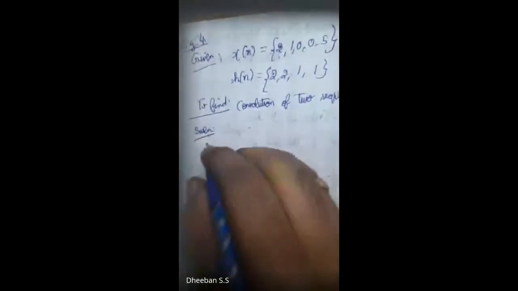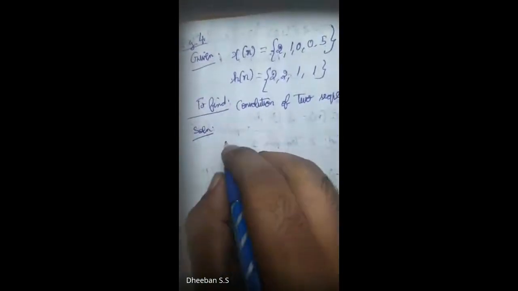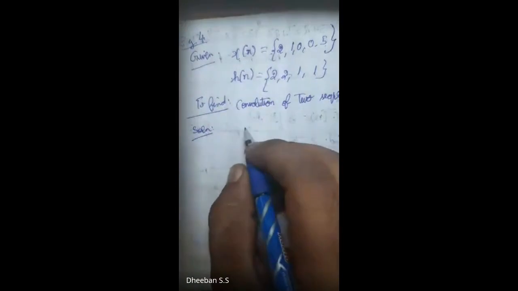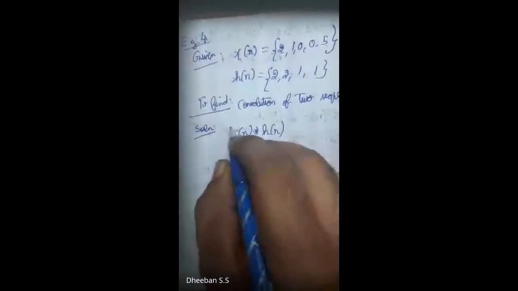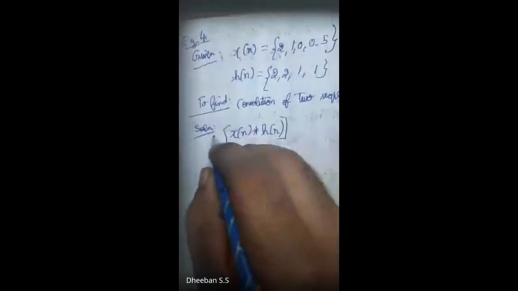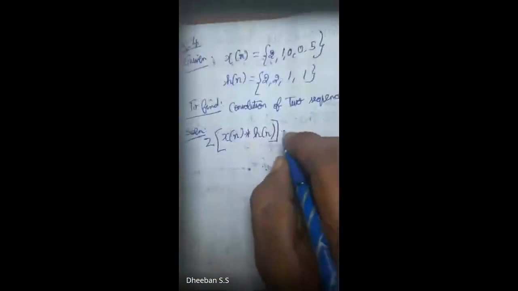So for the convolution, what you have to do is x of n convolved with h of n. For this you have to take the z transform.